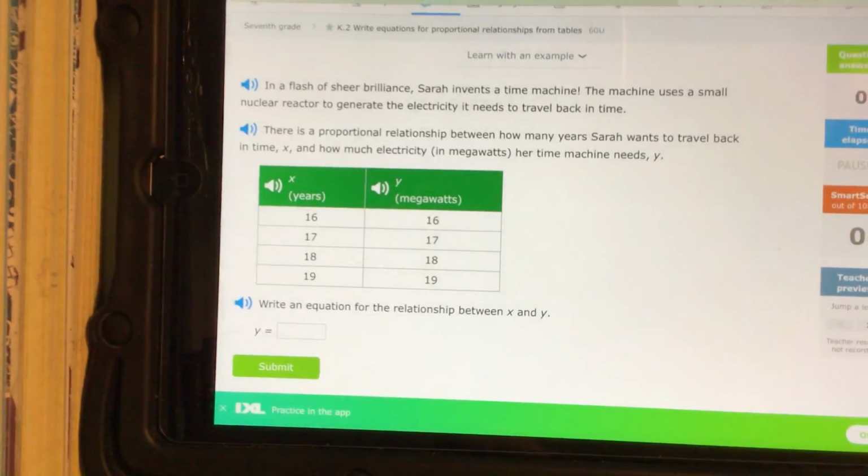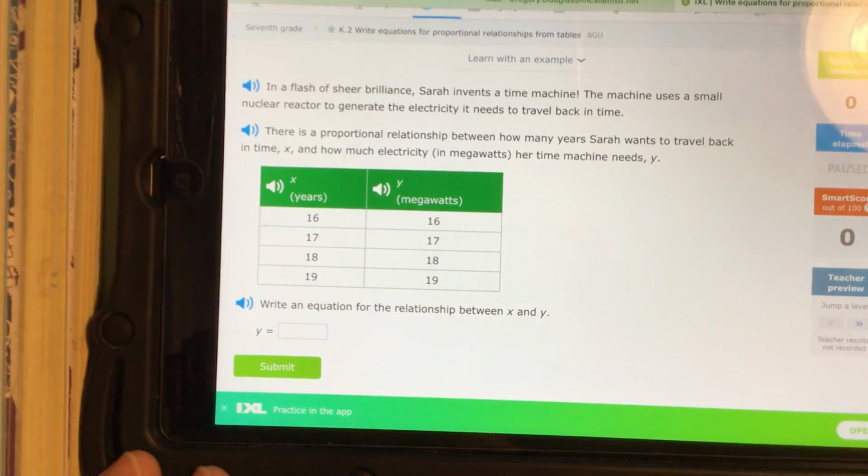All right. So for example, this is the opening problem, guys. I was going to try to write on the screen, but it's just slow and chunky, and it's a waste of time. So here we go.